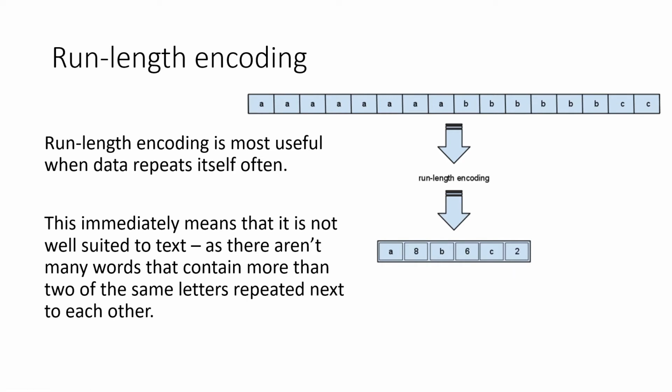Now, even though the example here is text, text is not a good use of run length encoding. If you take the text on this slide, where are there repeating letters? Double O's, double T's. I'm quickly scanning this. Double M right there.